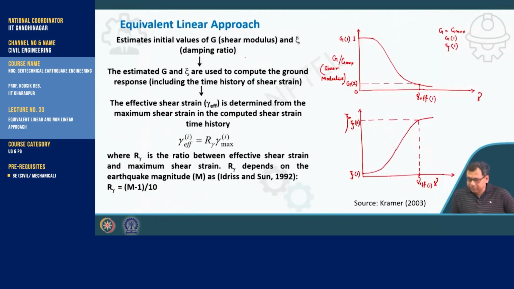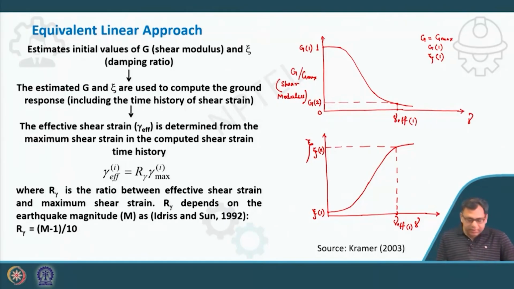Okay. So now you can see, for example, this is my second trial, this is my damping ratio, this is my G2, the shear modulus. But after doing that, I will get an effective shear strain here.